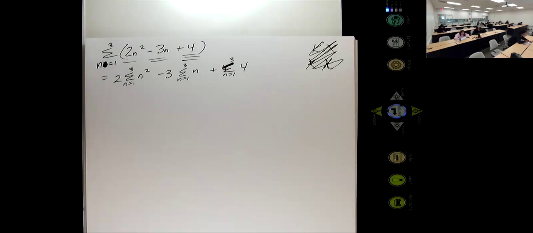Again, it may not seem like a big help when we're only doing n equals 1 to 3. But if you're going to a larger number, factoring out that 2 means you only have to multiply it once. Saves you time.